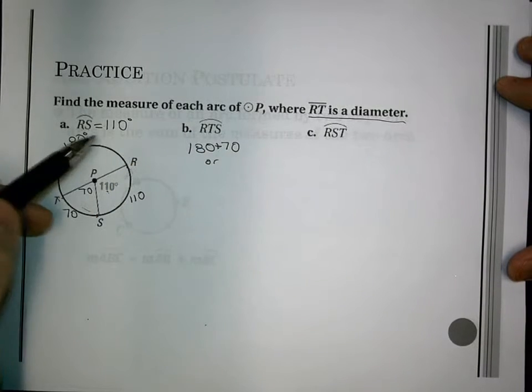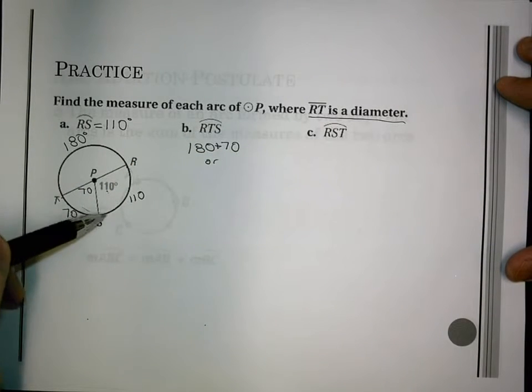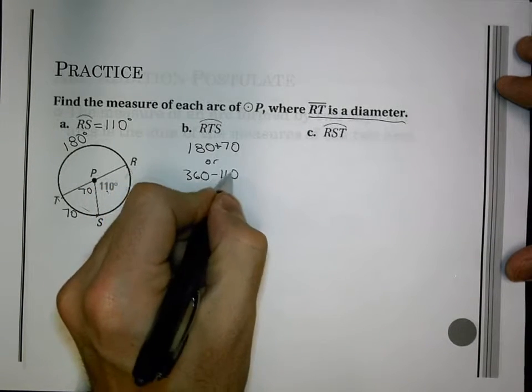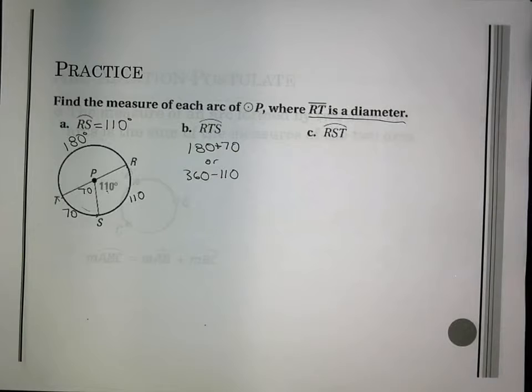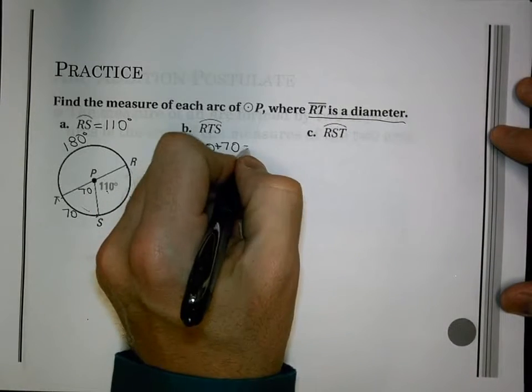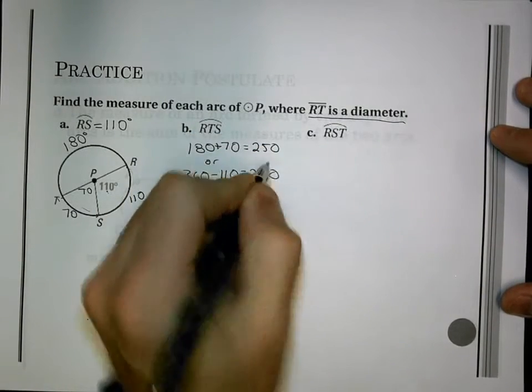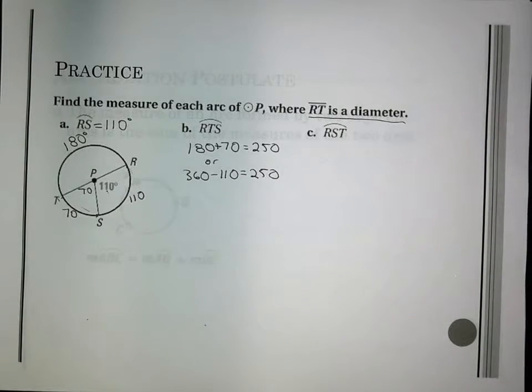Or, since I know I'm going all the way around, leaving out this 110, it's 360 minus 110. It's the same thing. I could add up the parts, or I could subtract away the part that it doesn't include. So, I get 250 here, 250 here. Either way, RTS is 250 degrees.